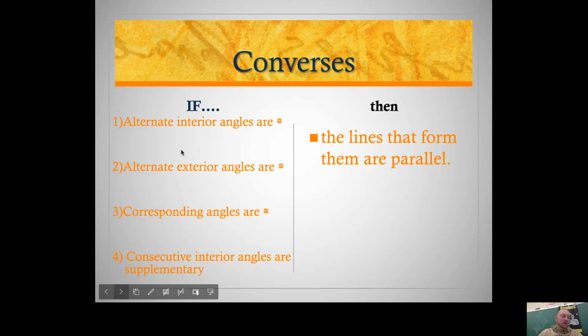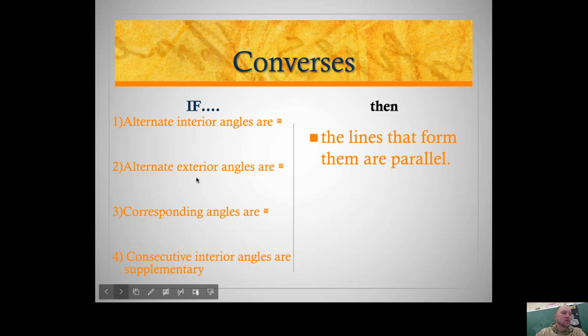So we'll start with parallel lines. We start with angle pairs that have a certain relationship. That creates parallel lines. So we're going to have four ways to show that lines are parallel. It's very familiar to you because these are the converses of the things we've studied the last few days. So if you have congruent alternate interior angles, that means the lines are parallel.